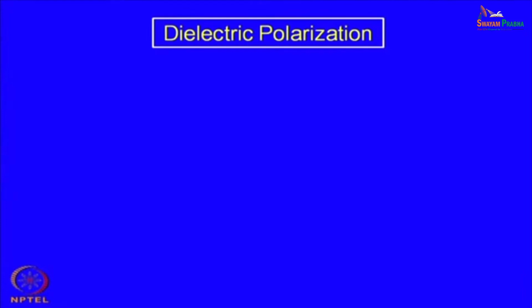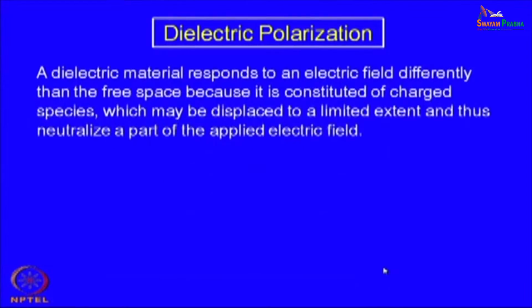Next, we look at what exactly happens on an atomistic scale when we apply an electric field against an insulator. A dielectric material responds to an electric field differently than free space because it is constituted of charged species.